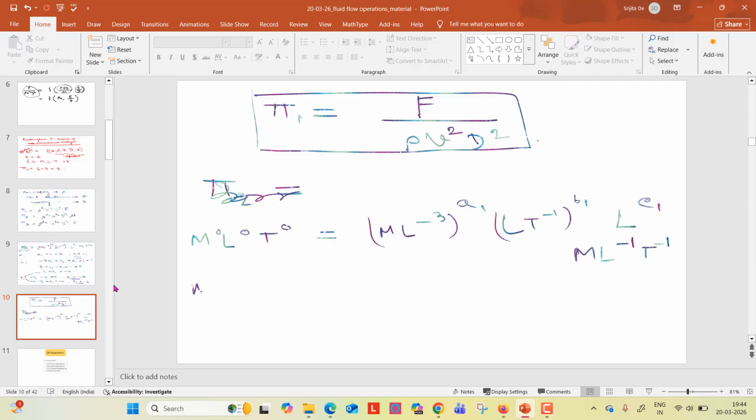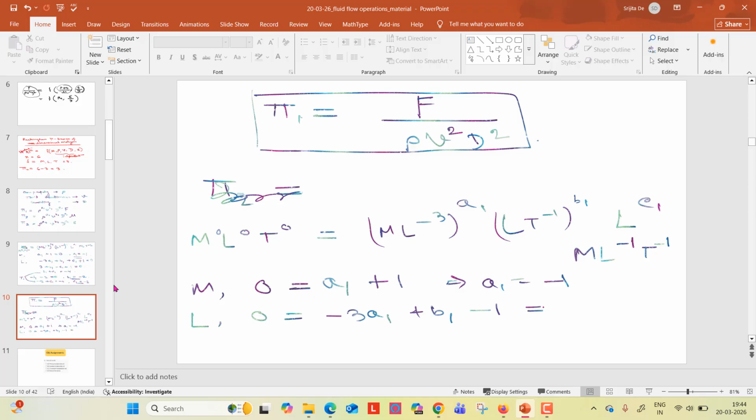Now for M it is 0 equals to a1 plus 1. So that means a1 will be -1. For L it will be 0 equals to -3a1 plus b1 -1.